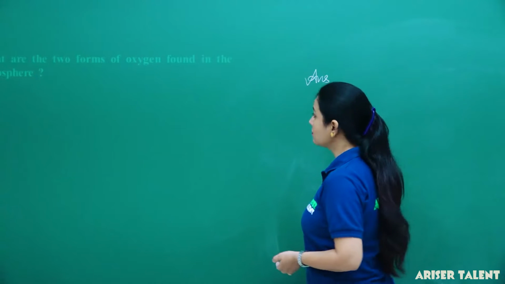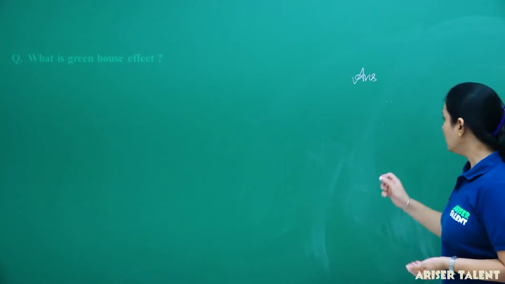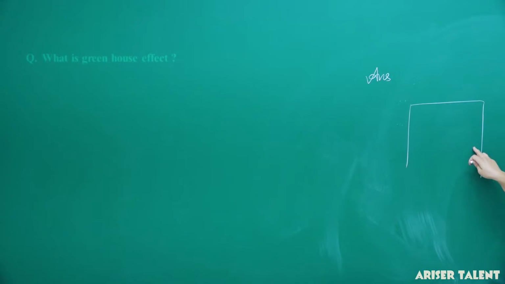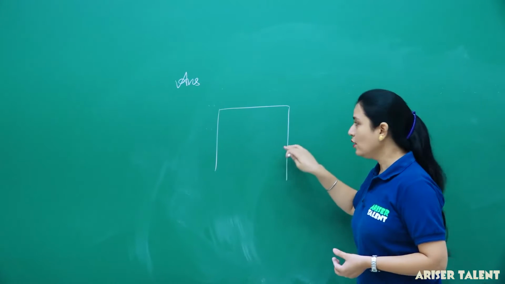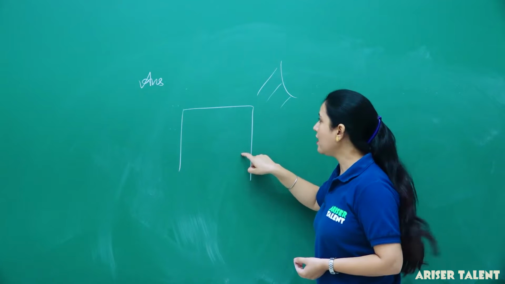Next is: what is greenhouse effect? Look here. In the greenhouse effect, a glass house is made in which delicate plants are kept. When the sun rays fall on this glass house, what happens?